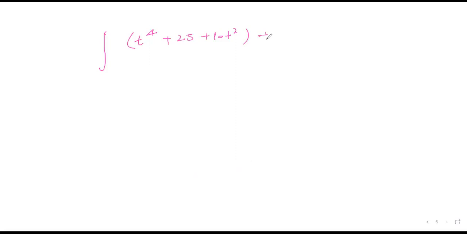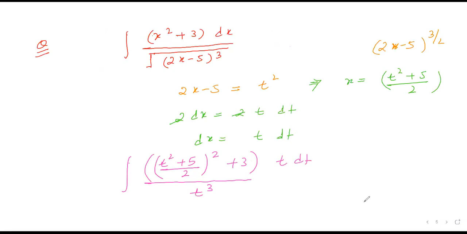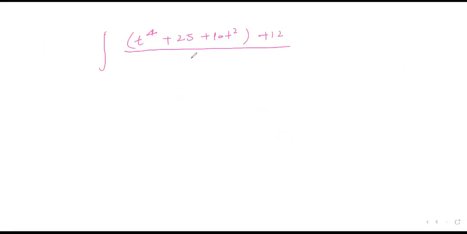So plus 12 whole divided by 4t cube, into t dt.